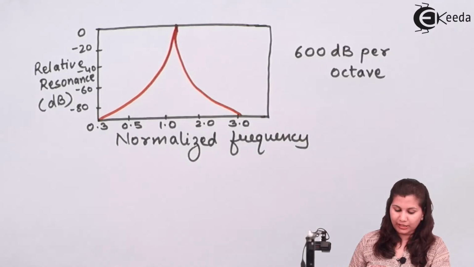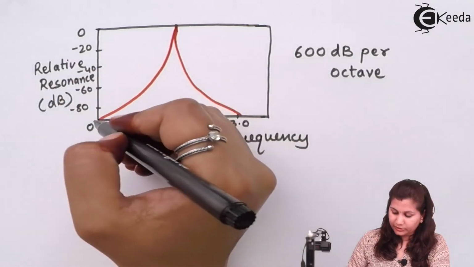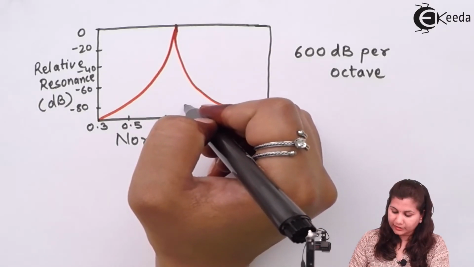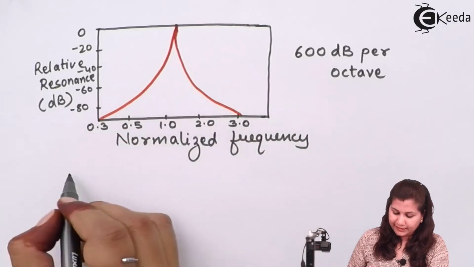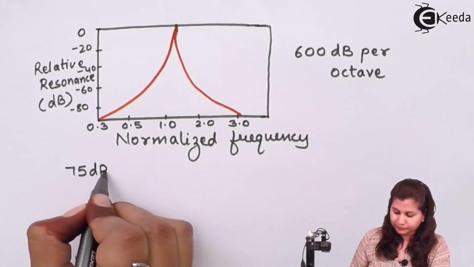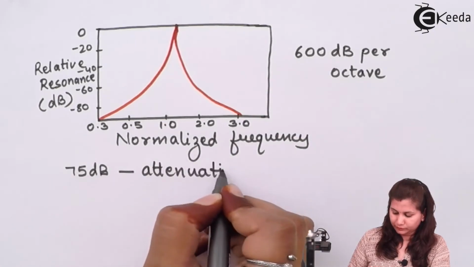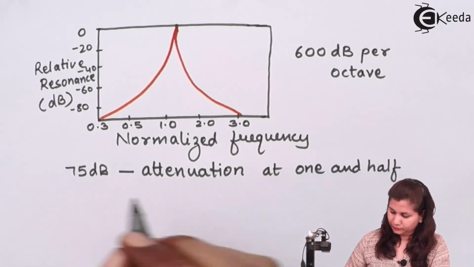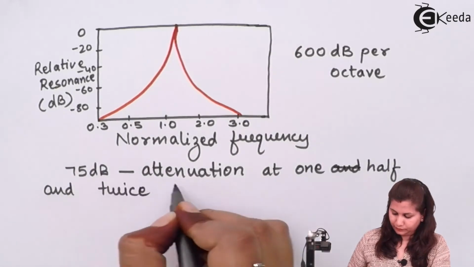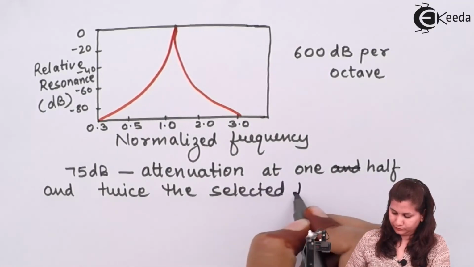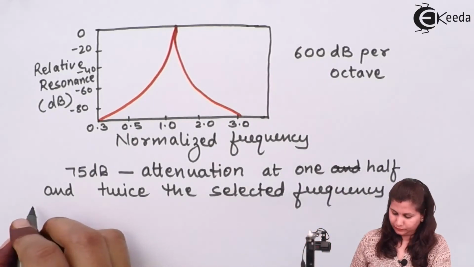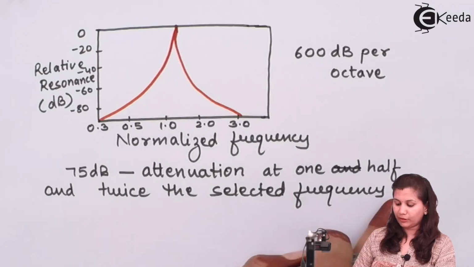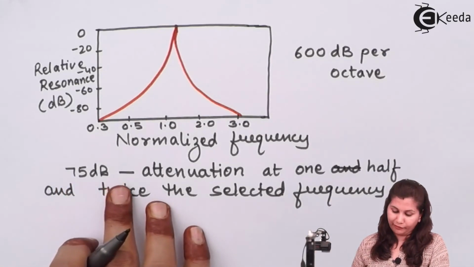Here the attenuation at 1.5 of the frequency is approximately 75 dB. So the attenuation at 1/2 and twice the selected frequency is approximately 75 dB.